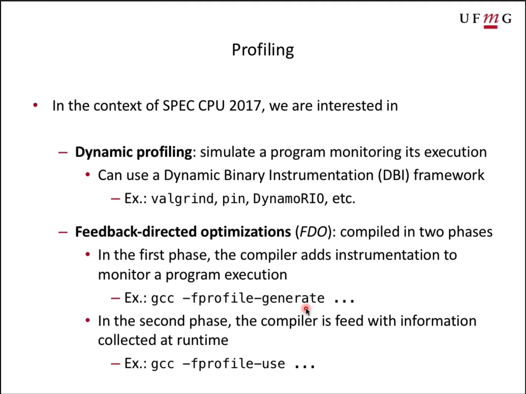And then in the second phase we can feed this information file back into the compiler with the flag -fprofile-use. We can use this feedback-directed optimization, but I actually use a different one. But if you choose to use this kind of FDO, in the compiler flags, this is supported already.